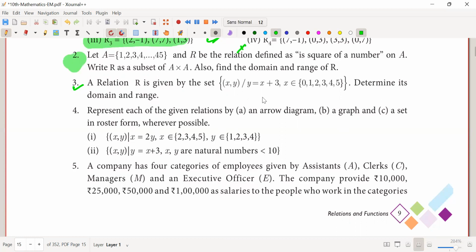Only R is given, R to R. Only one set is given, right? When I substitute, the first one would be 0, 1, 2, 3, 4, 5. And the second one would be the same, 0, 1, 2, 3, 4, 5.